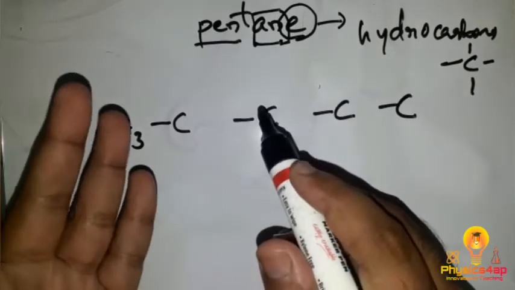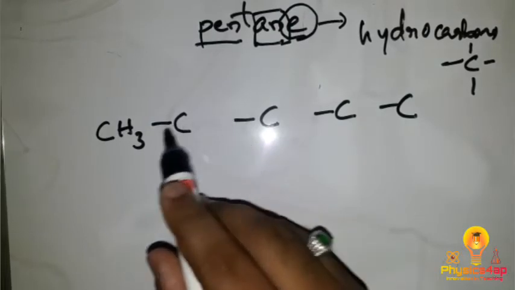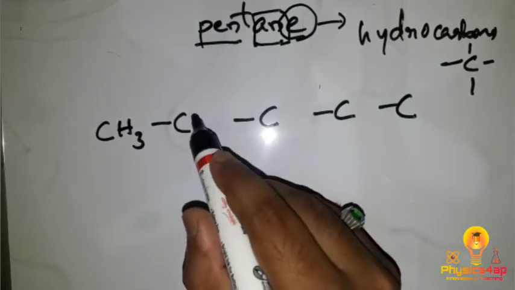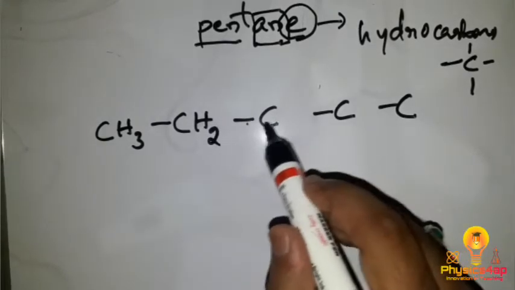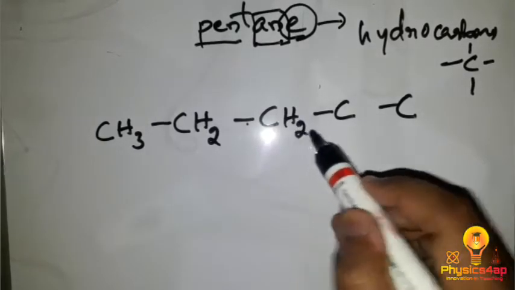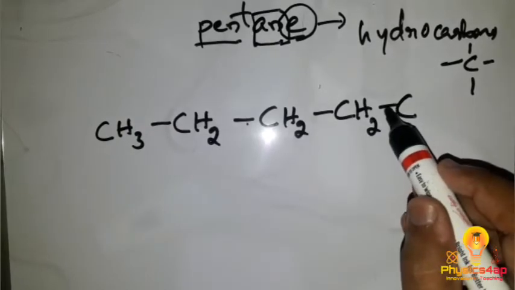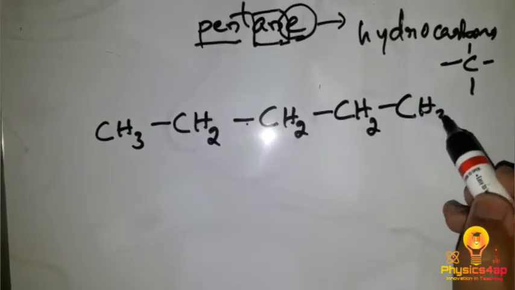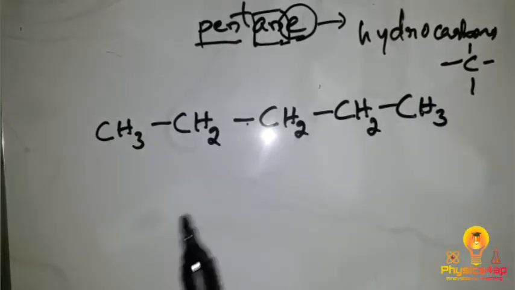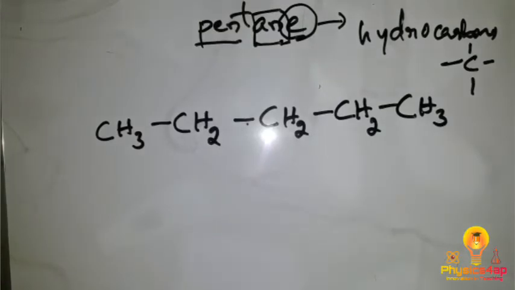Over here we have 2 bonds, and we need 2 more, so H2. Here also the same H2, and here also the same H2. And here we have 1 bond, and the carbon needs the remaining 3, so we write H3. This is how we draw the structure for pentane.